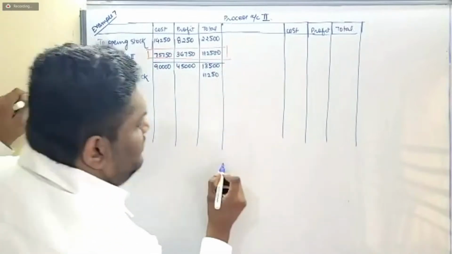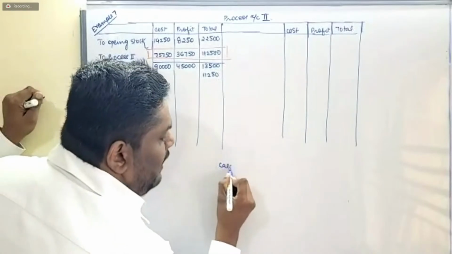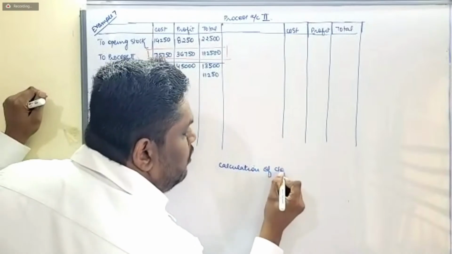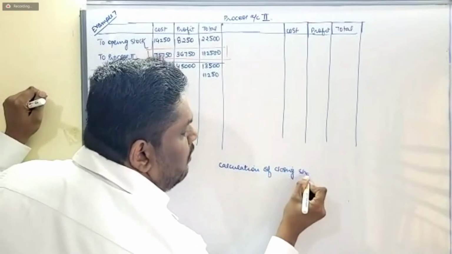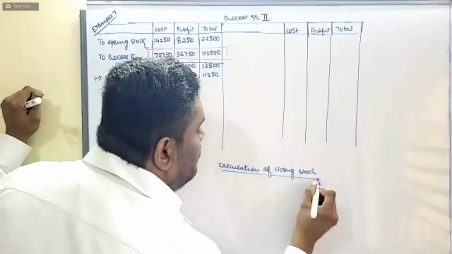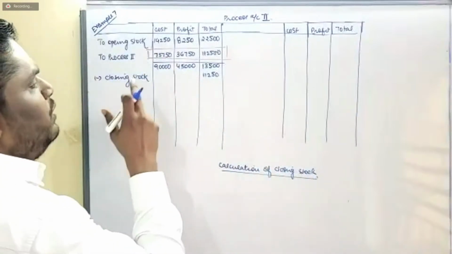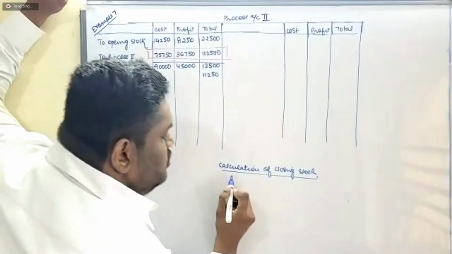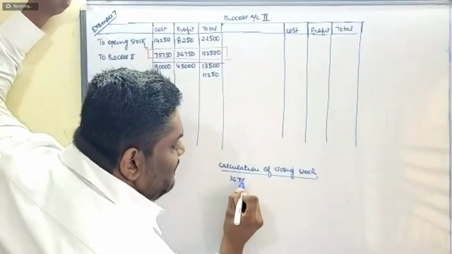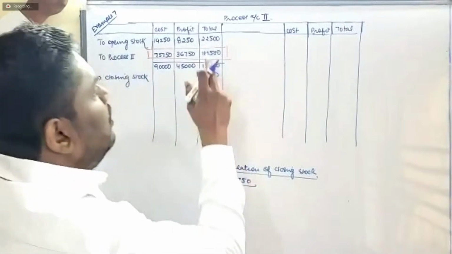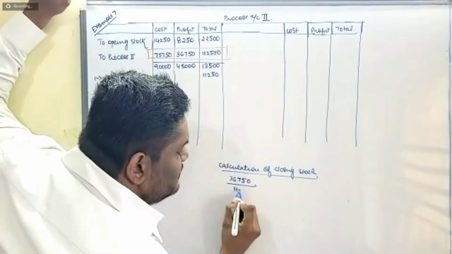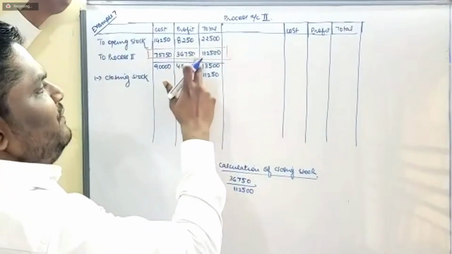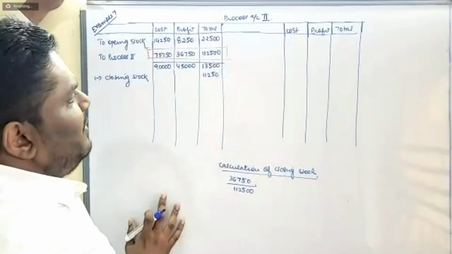Very simple, guys. Calculation of closing stock. Since it is valued as per the value that is received from process second, 36,750 is the profit on 1,12,500.